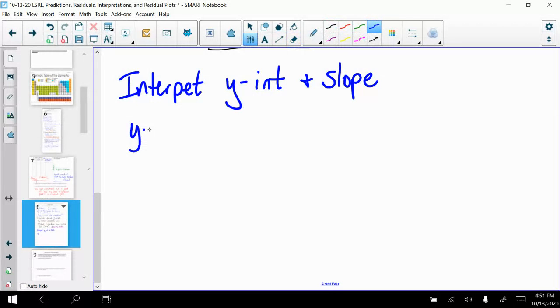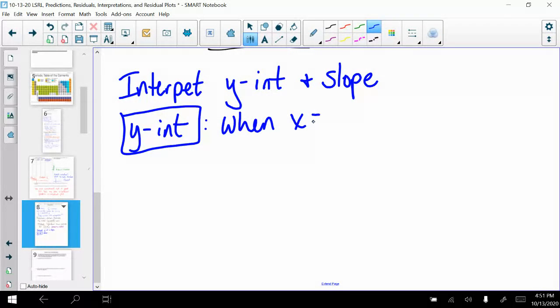So for our y-intercept, what we want to say is when x is 0, and whatever that is in context. In our case, our x was the atomic number.